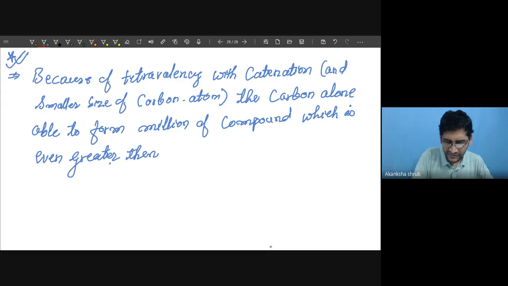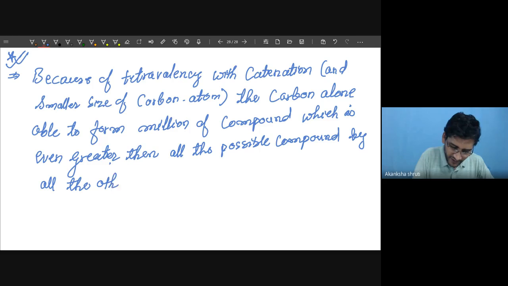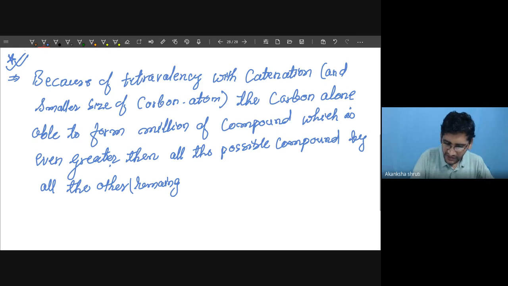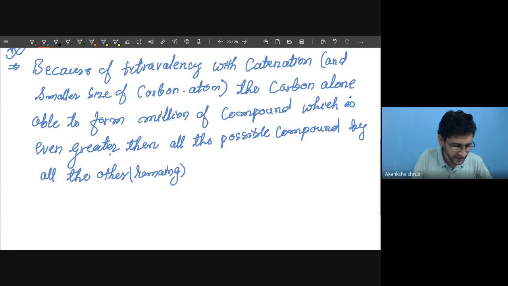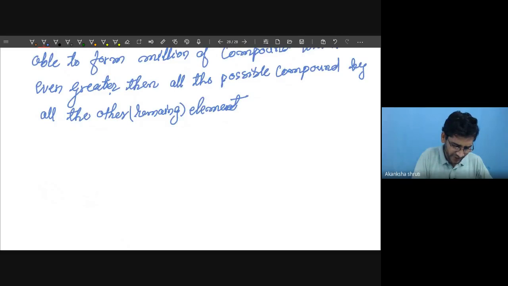all the possible compounds formed by all the remaining or other elements. So by the other elements, if you are taking carbon, in total how many elements?